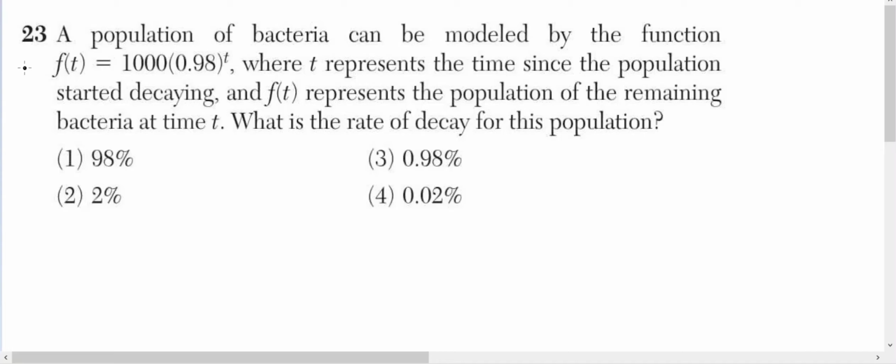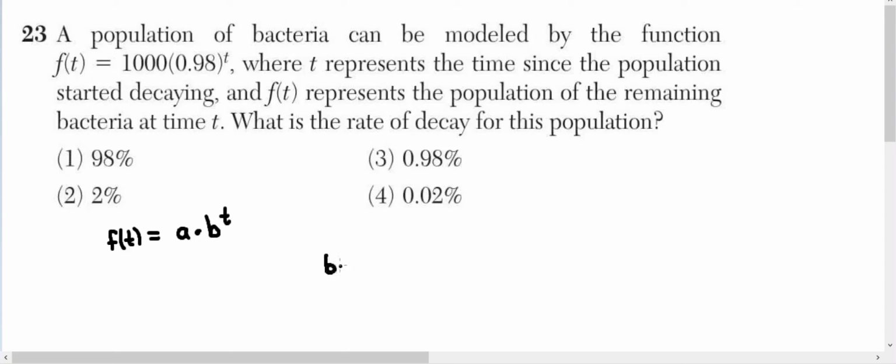So I just like to take note that f of t has the form a times b to the t, where a is a constant and b is a base, and t, of course, is the input time. So let's recall what it means for this base b.